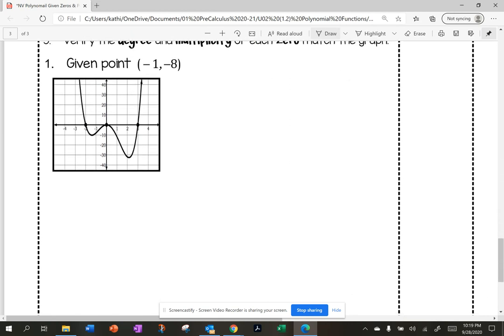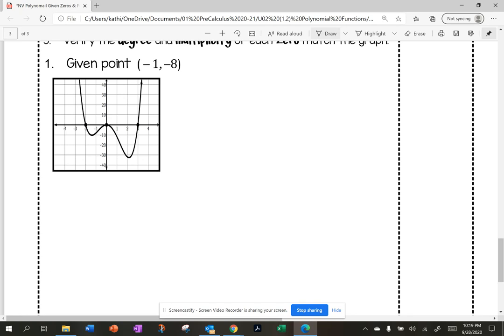Given that I have the point -1, -8, I want to find the equation here and name it by degree. I'm starting out by taking a look at where the zeros are.